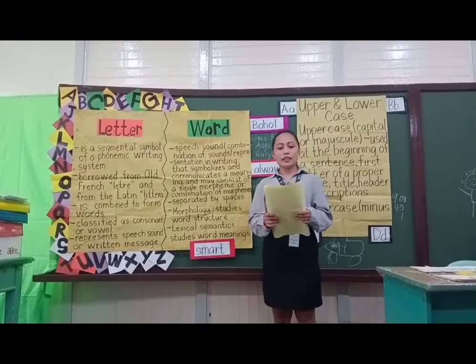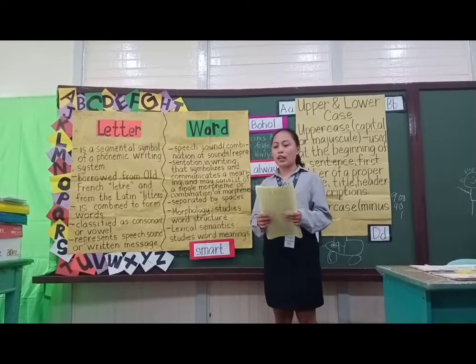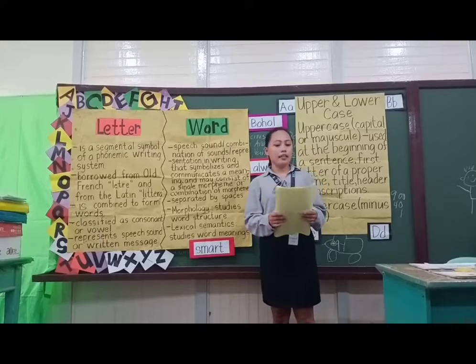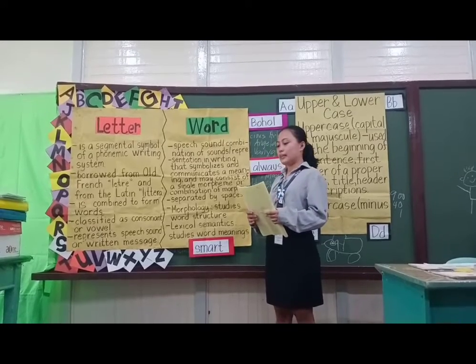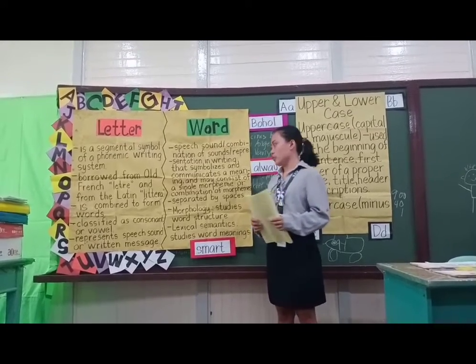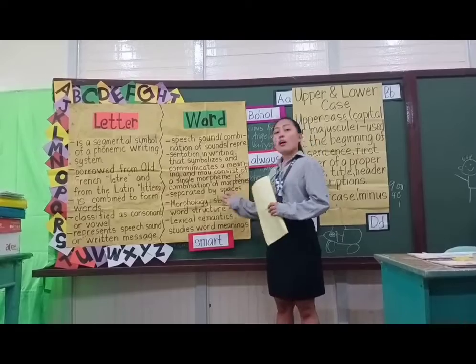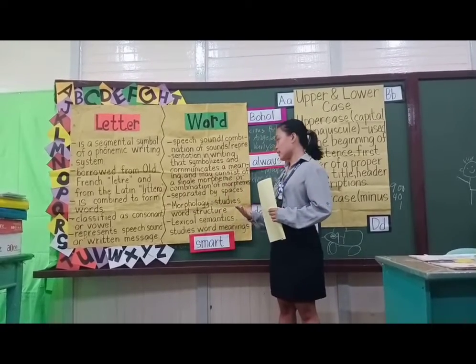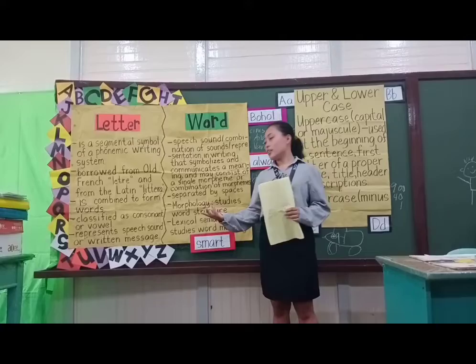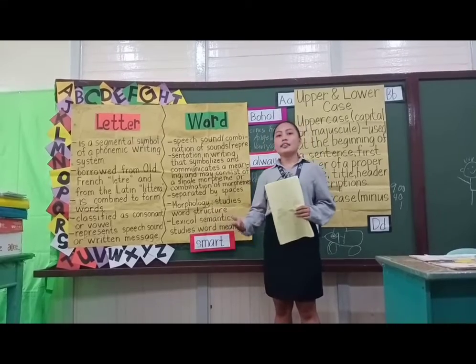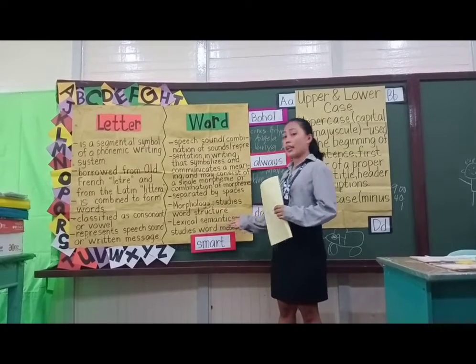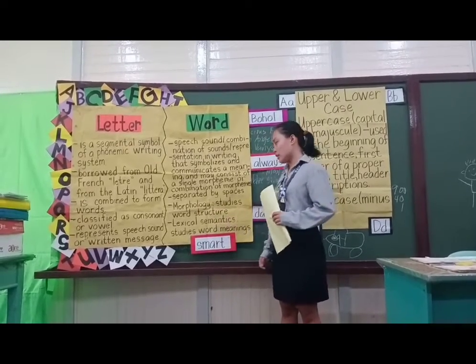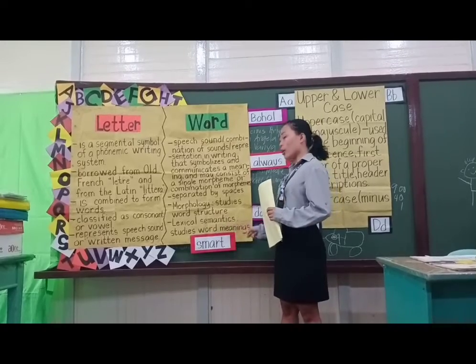Morpheme is the smallest meaningful lexical item in a language and sometimes does not stand alone. Morphology is the branch of linguistics that studies word structure. And lexical semantics is a branch of linguistics that studies word meaning.